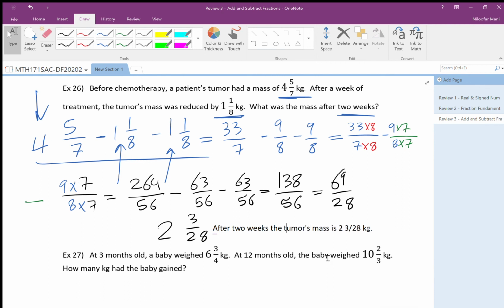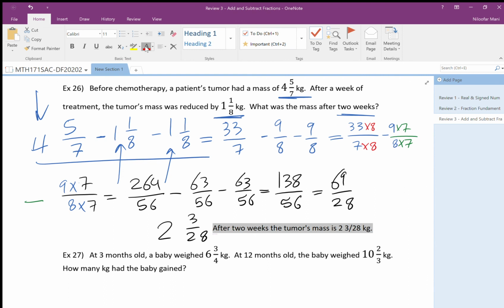It shows what was going on in the question. The conclusion sentence should have the answer, just the necessary information, and the unit.